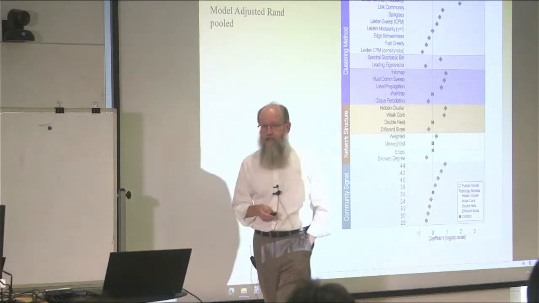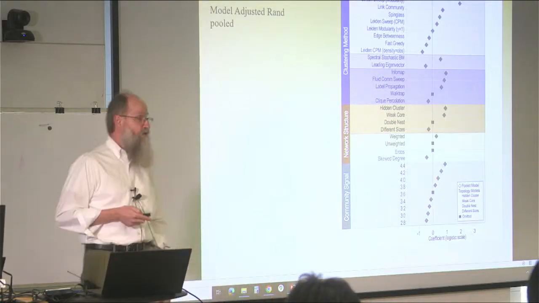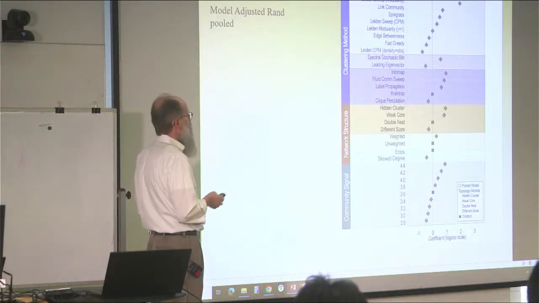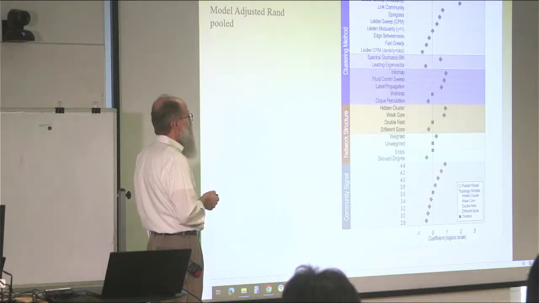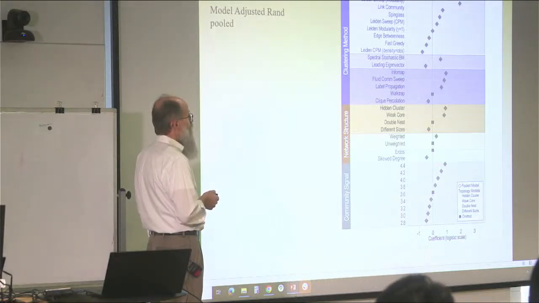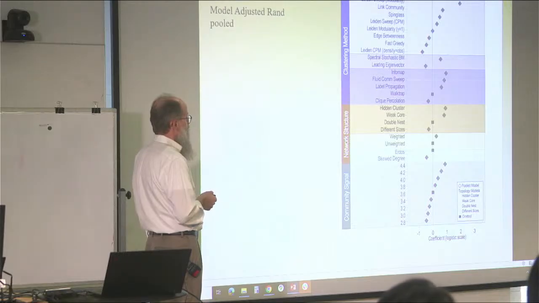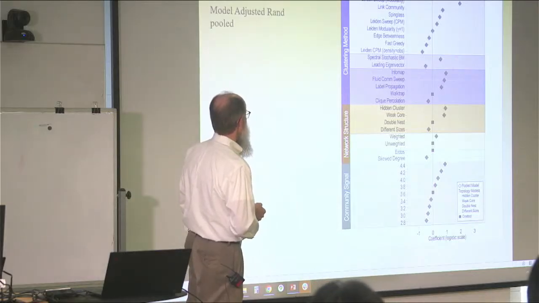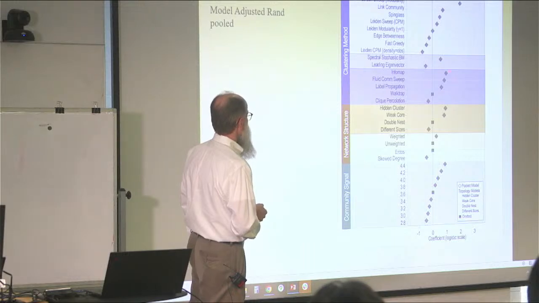But if you know nothing else, like if your goal is I need to go out and find an answer, the two things that we learned is that the Leiden sweep method is very good, but this comes with an asterisk that I'm going to explain in a second. And Infomap, there we are, sorry, Infomap.